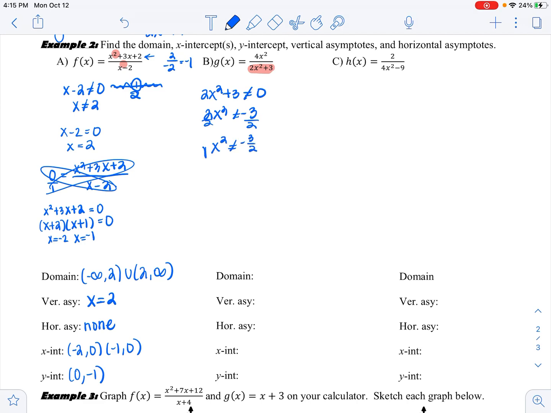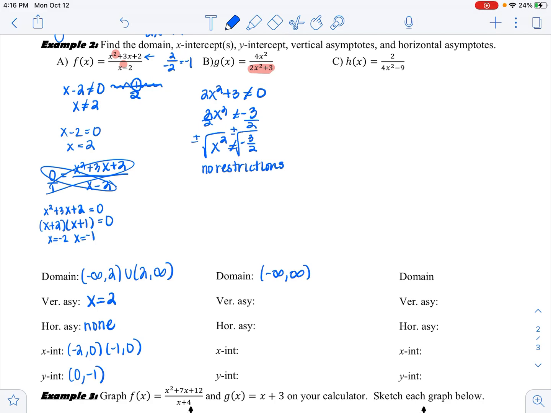Square root to solve, plus or minus. Notice I'm about to take the square root of a negative number, which is an imaginary number. Imaginary numbers aren't included in domains. So since it's just an imaginary number that's restricted, it means technically there's no restrictions. If there's no restrictions, my domain is all real numbers. So negative infinity to positive infinity.